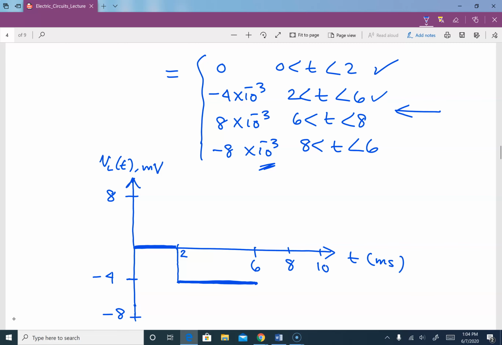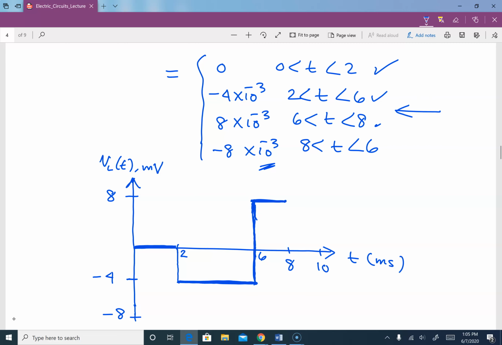And then from 6 to 8, we have 8. This is our 6 here.